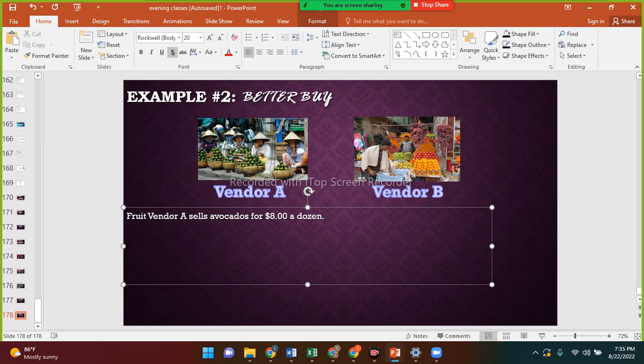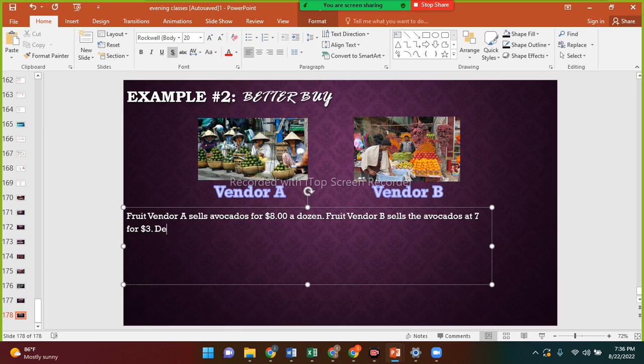While fruit vendor B sells the avocados at, let's say, seven for $3.